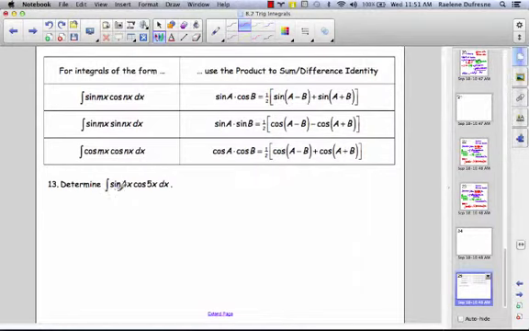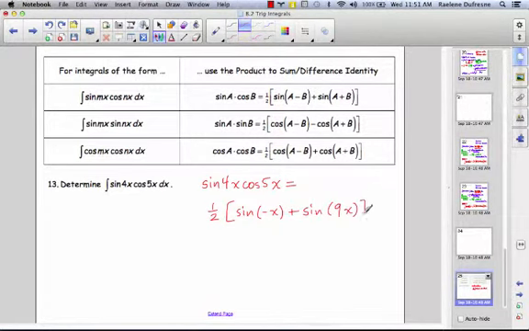So if we have a product of sine and cosine, we're going to use the first trigonometric identity, product to sum or difference. So we simply recognize that sine of 4x cosine of 5x can be rewritten as 1/2 times the sine of the difference of the two angles, which is negative x, plus the sine of the sum of the two angles, which is 9x.